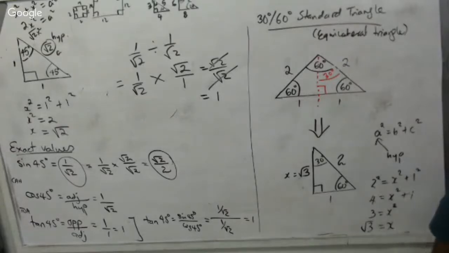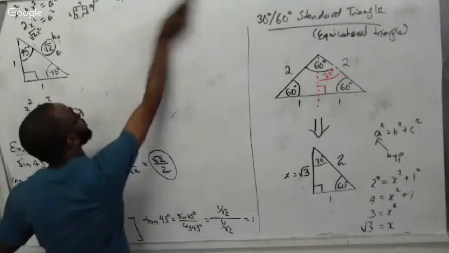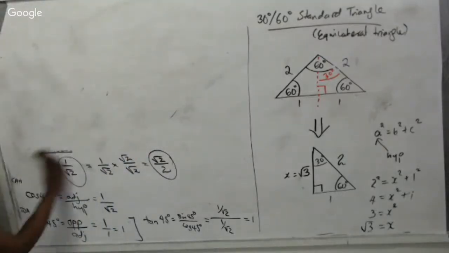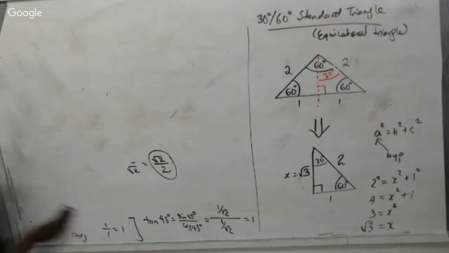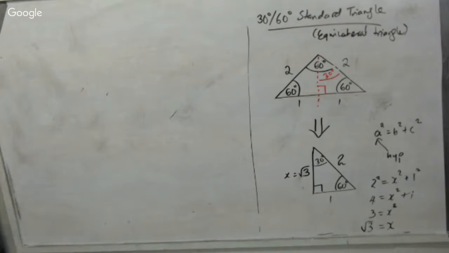You are going to go through a similar process in 3 minutes to tell me what is sine of 30, cosine of 30, tangent of 30, sine, cosine, and tangent of 60 degrees. That is 6 things in 3 minutes. Let us see how quickly we can get that done.